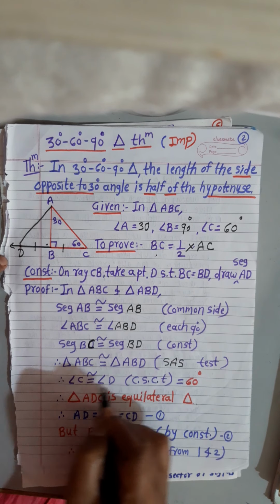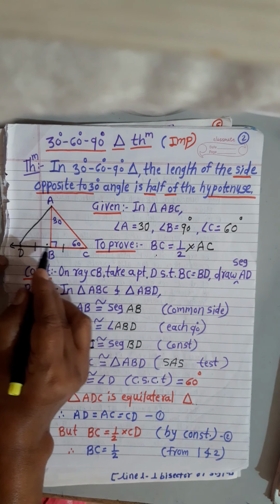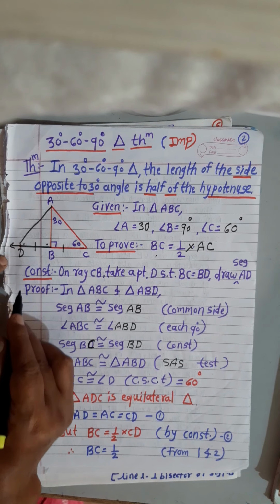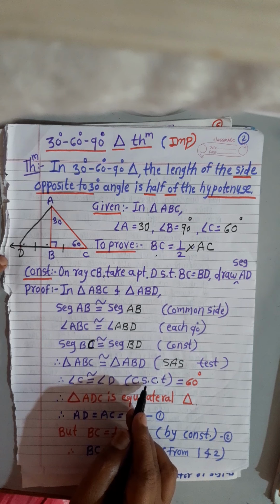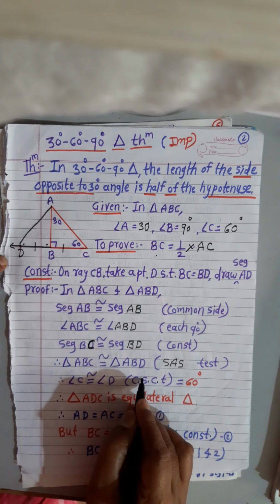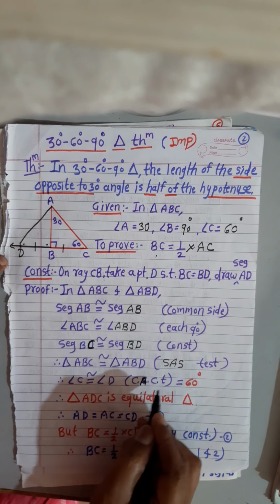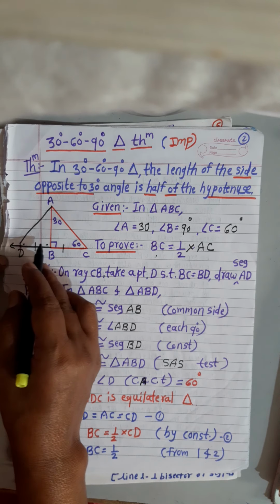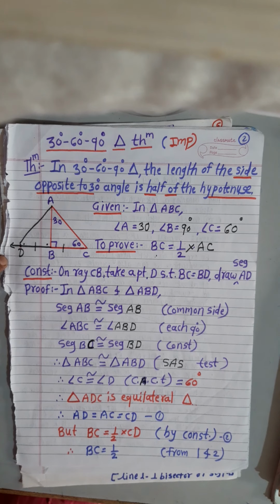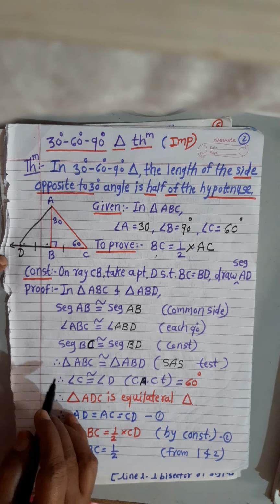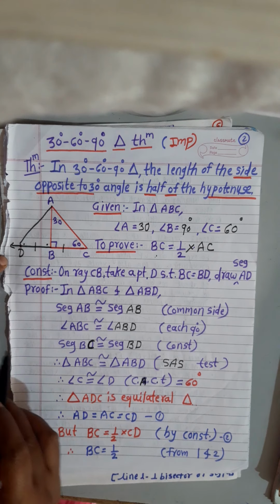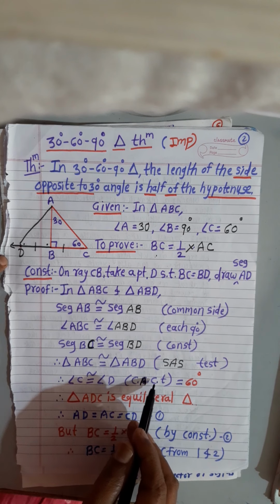SAS test. And therefore angle C is congruent to angle D. Why? These are corresponding angles of congruent triangles. If the two triangles are congruent, the remaining corresponding sides and the remaining corresponding angles are also congruent, and therefore angle C is congruent to angle D.